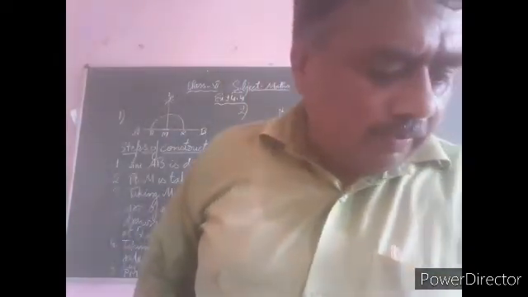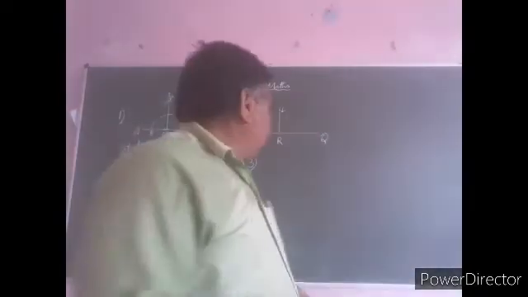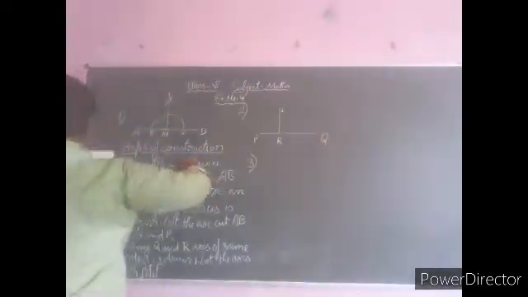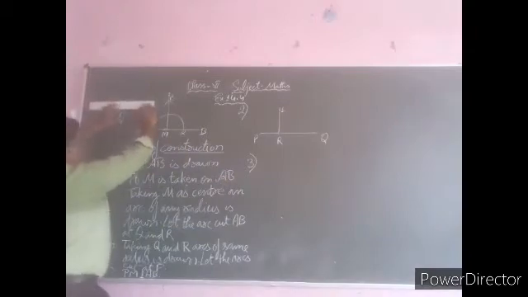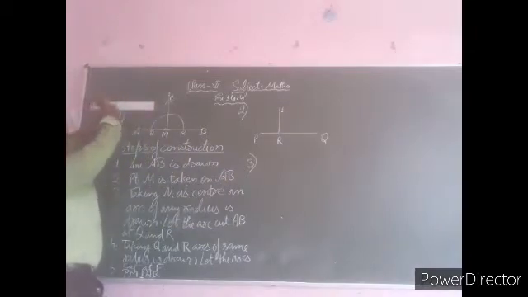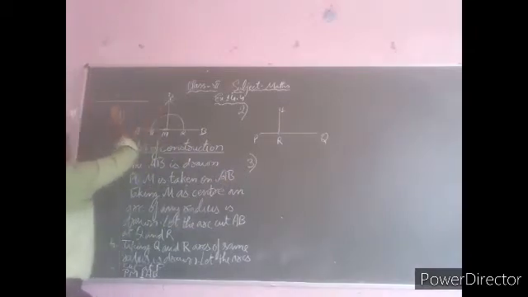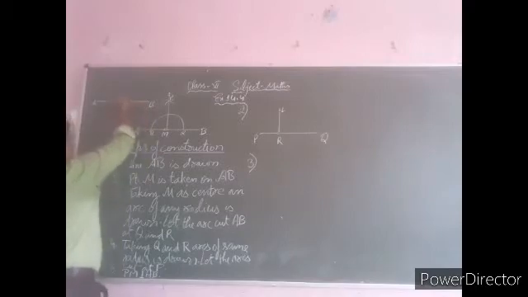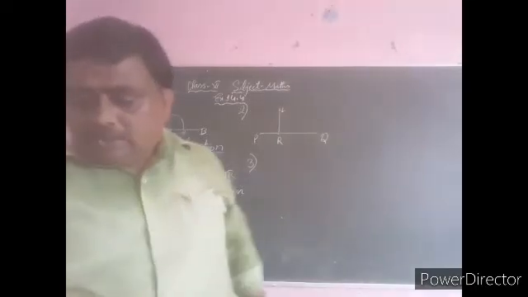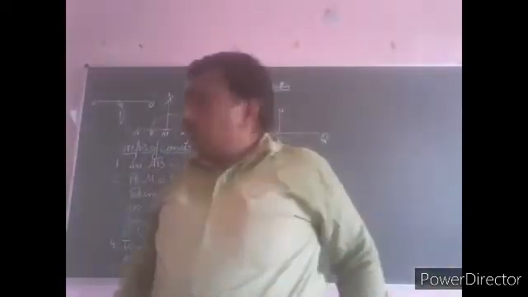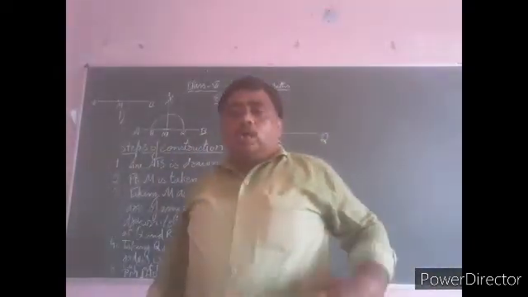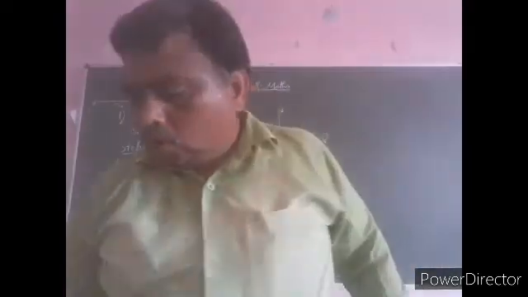Here once again I am drawing. Here it is said, a line AB is drawn, a point M is taken on it, and through this point M we have to draw the perpendicular.